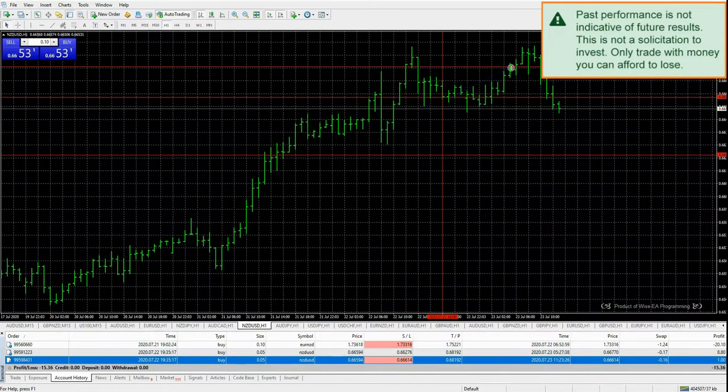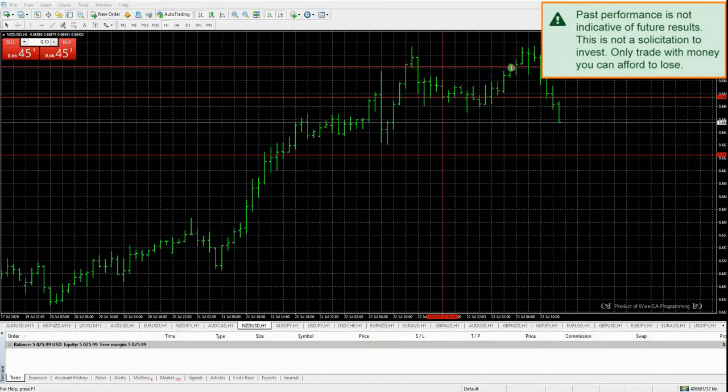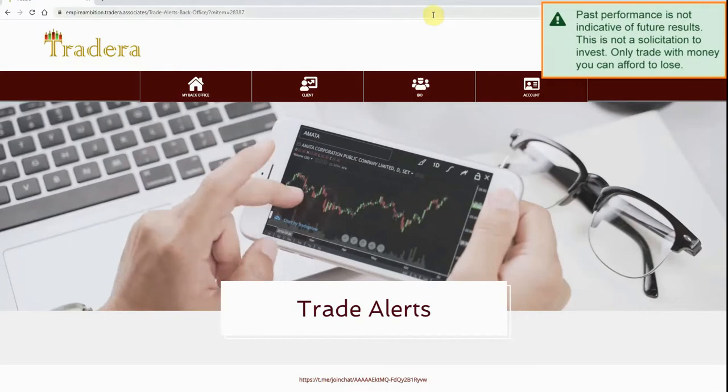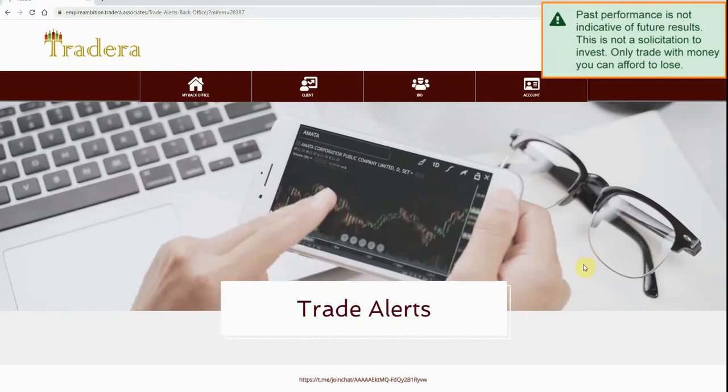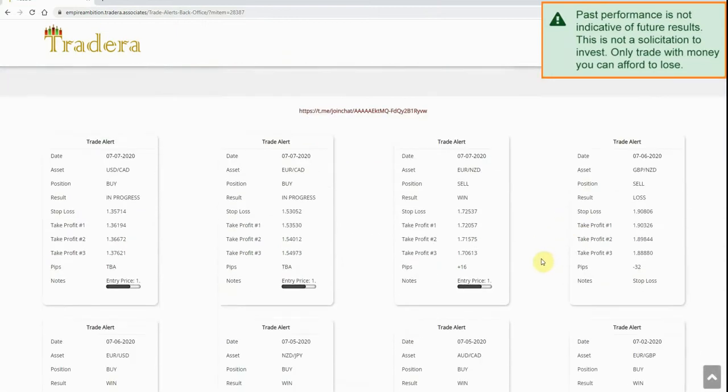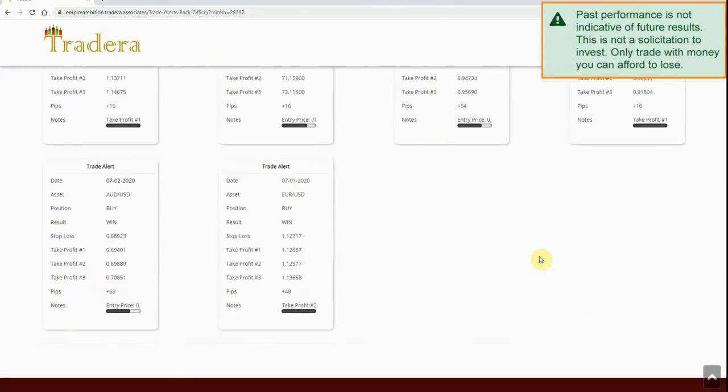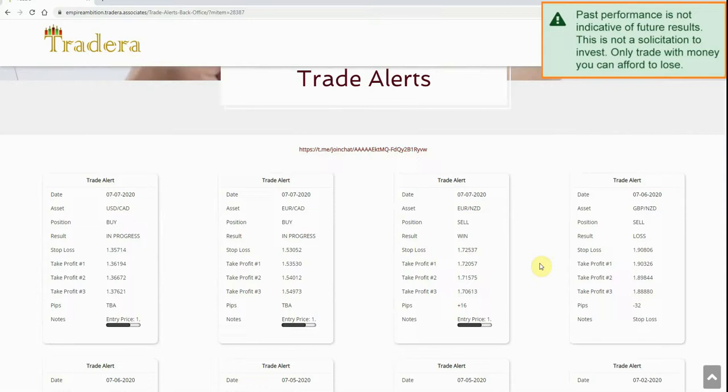And actually, let me check the Tradera back office real quick. Give me 1 second. All right, let's go ahead and take a look in the new Tradera back office. It looks like we're going to have to wait till the end of the week for the week's trades to be updated here.